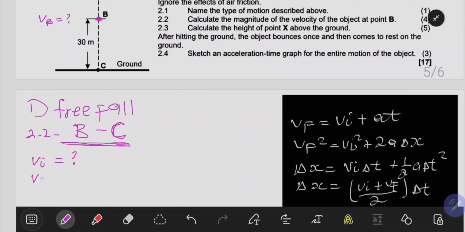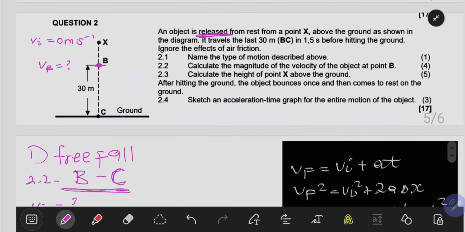And our V final, which is the velocity when it hits the ground, we don't know it yet. Please don't say the final velocity here is 0, because a velocity of 0 is the point where the object reaches maximum height and then changes direction. But in this case, the ball is just falling down. We can't say the velocity at B is 0. We can't say the velocity at C is 0.